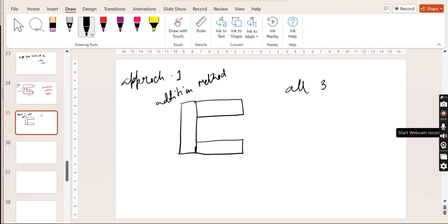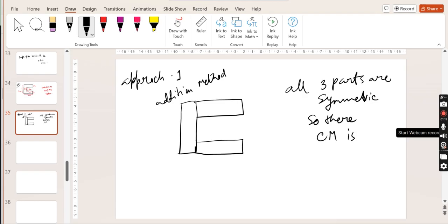All three parts are symmetric, so their center of mass is at the center of the figure.